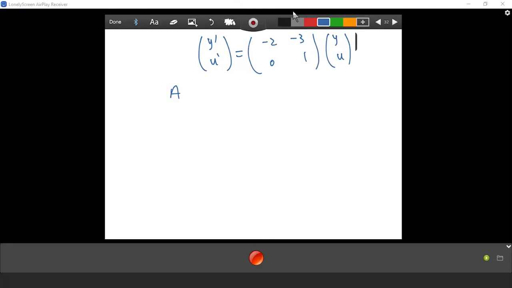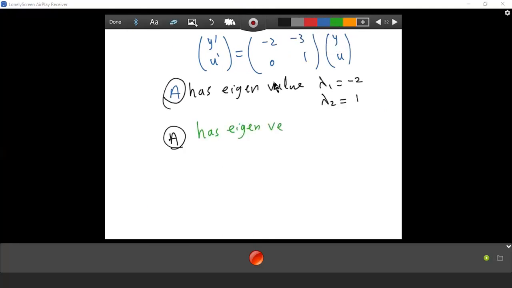Check your computer, Muhammad. Thanks to Shemash, she gave us the eigenvalues, minus 2 and 1. And thanks to Musab, he gave us the eigenvector V1 equal to 1 and 0.